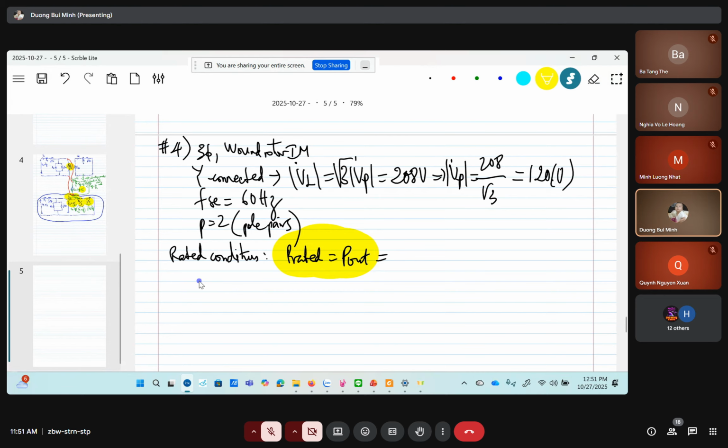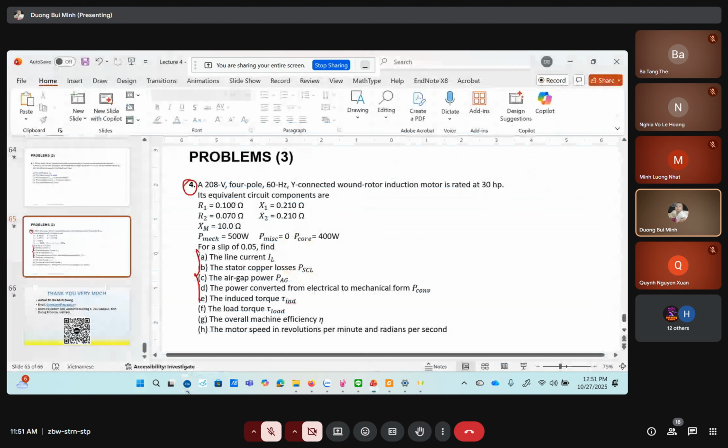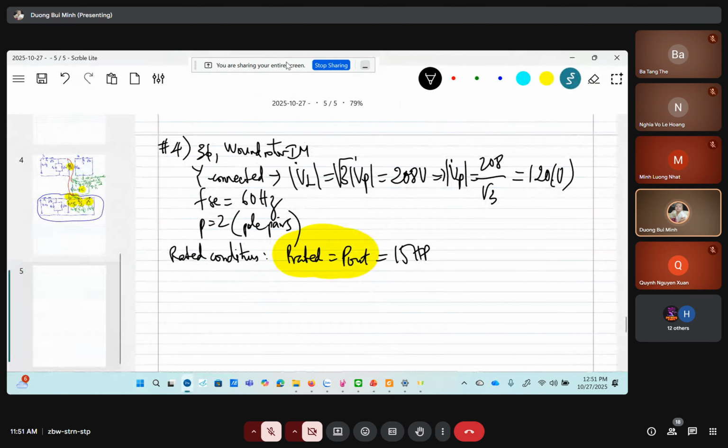So 30 HP, that means 30 times 746, you get 22380 watts.